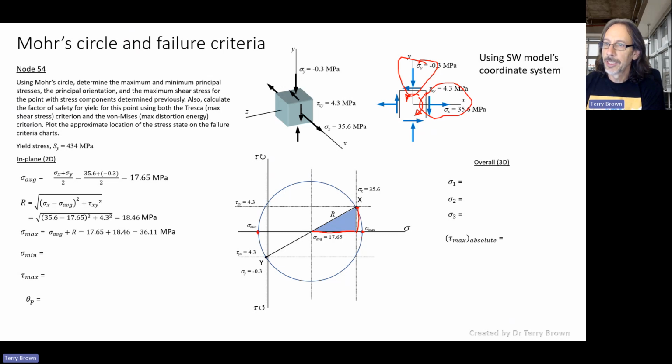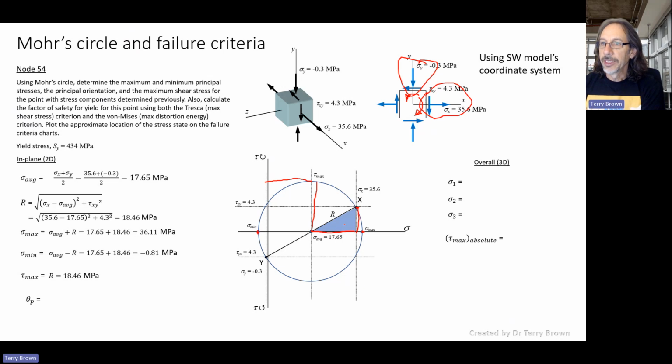Stress average plus the radius gets us out to stress maximum. Stress average minus the radius gets us out to stress minimum. And the maximum shear stress is the height of the circle. So that goes across there. The maximum shear stress is just the radius. So we can calculate that and get 18.46 megapascals.